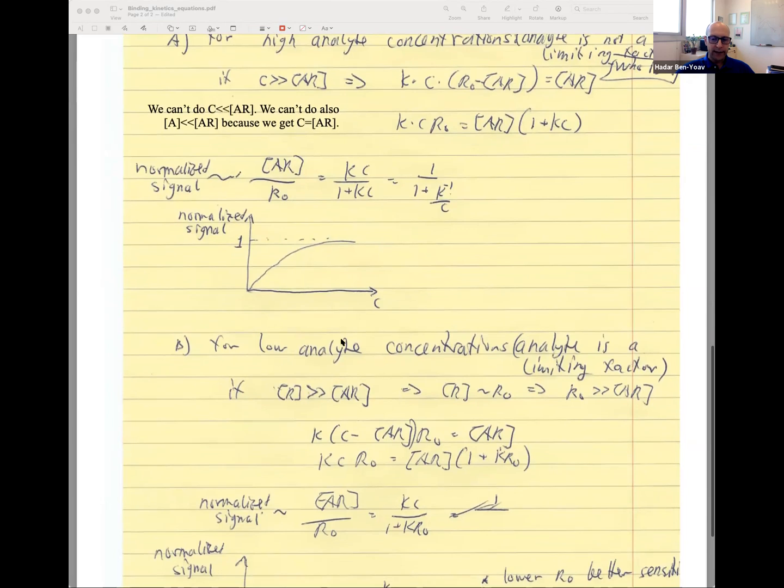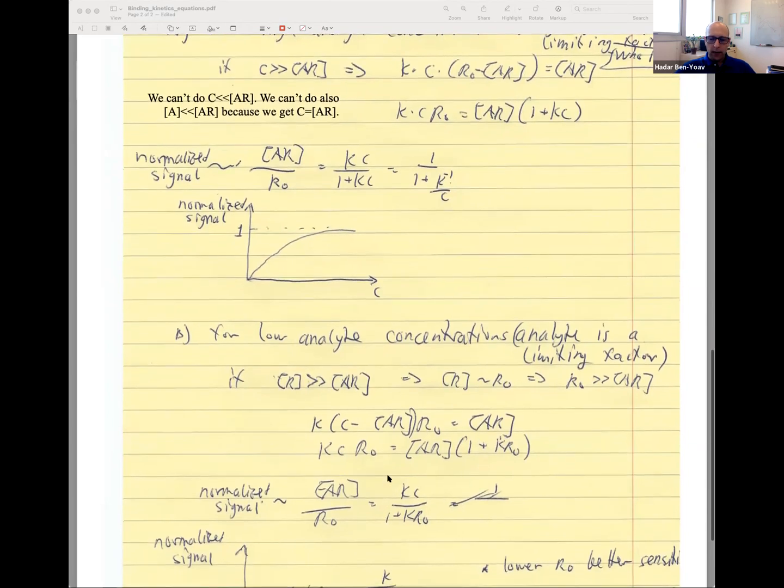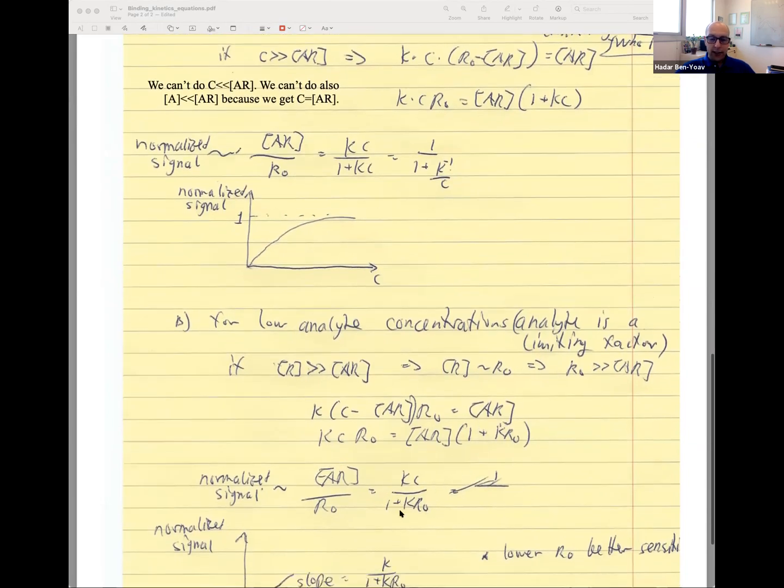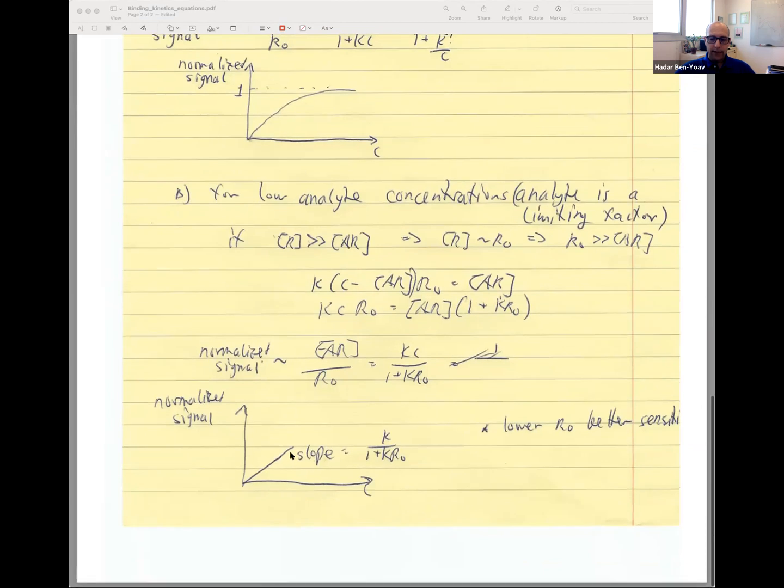For low analyte concentrations, we get this kind of linear relationship. And we said that the slope is the sensitivity of the sensor at low analyte concentrations, so we can decrease the concentration of the receptor, which will increase the slope and increase the sensitivity. Okay, any questions so far? Okay.